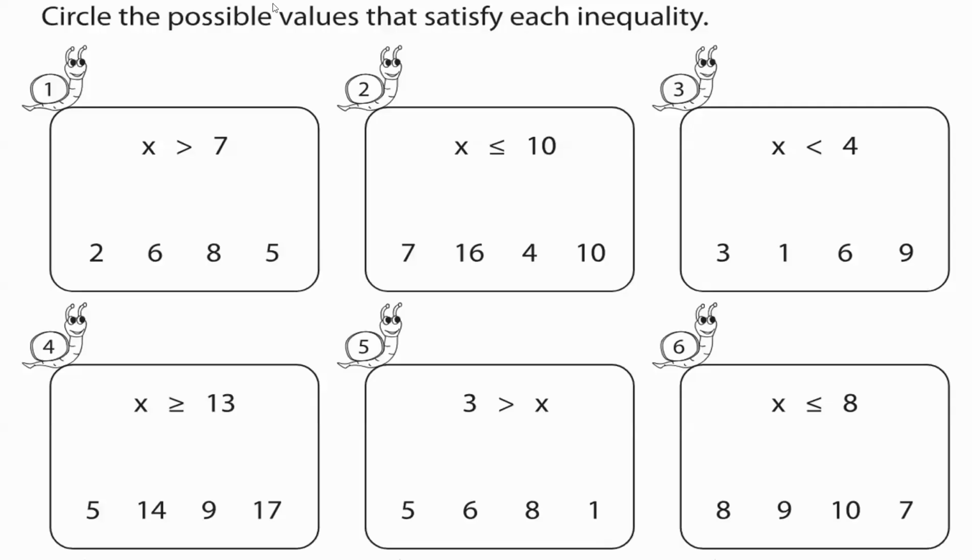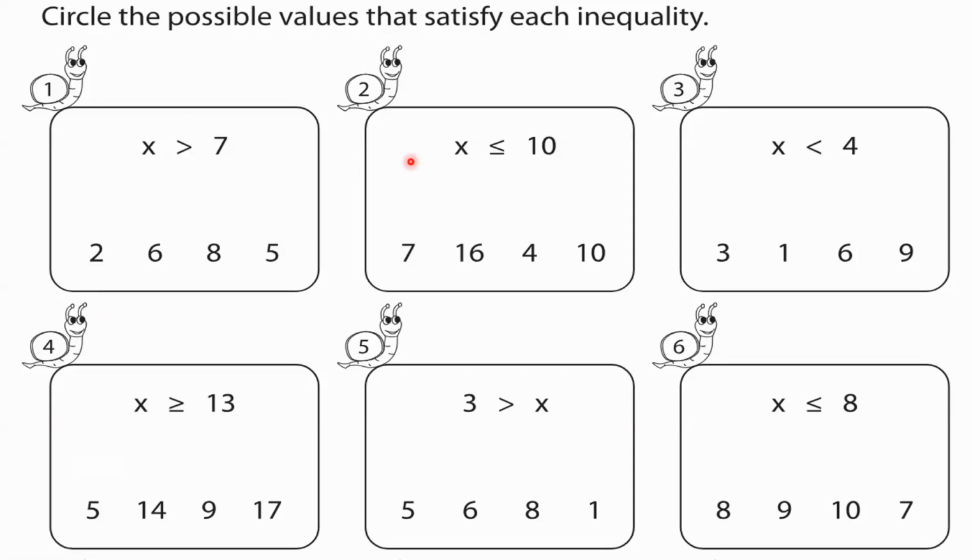The general instruction is to circle the possible values that satisfy each of the inequalities. This is number 1, 2, 3, 4, 5, and 6. So let's go ahead and do number 1 together.